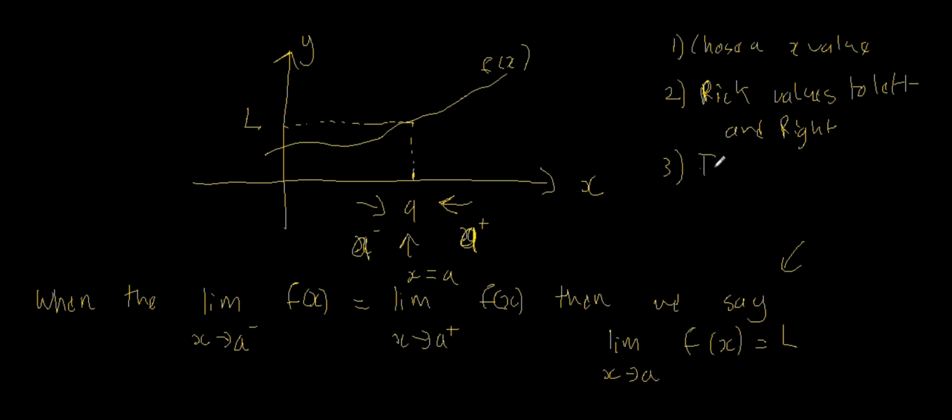And step 3, you find the corresponding y values to the chosen x values. And if the right hand side values are approaching the left hand side values, then we say the limit exists. So we say the limit as x approaches a of the function is equal to L.